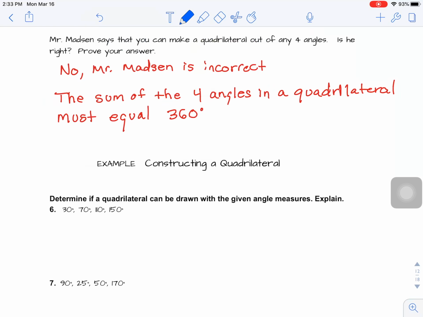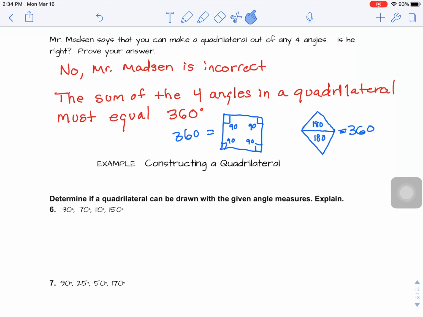If we were looking at some shapes we know, if I drew a rectangle or a square, I know that all the corners are 90 degrees, so that would add up to 360. Or if I drew some kind of kite-looking piece, I could divide that into two triangles, and I know triangles are both 180, so that would also equal 360. So I know that if it has four sides, it's going to total 360.